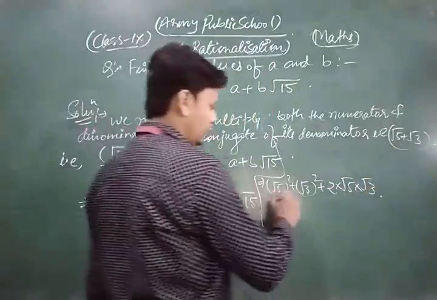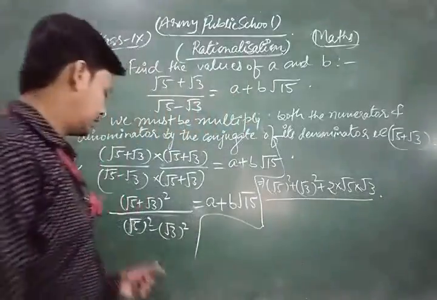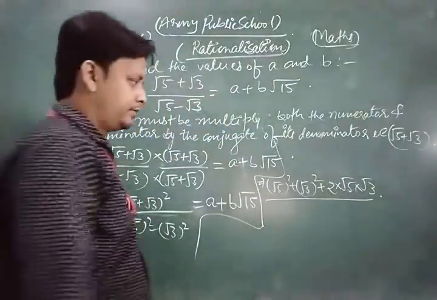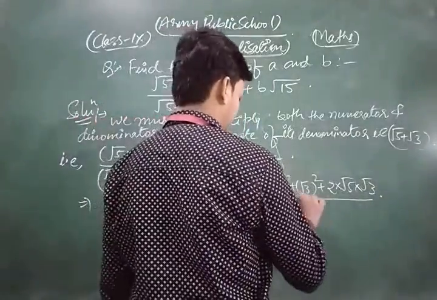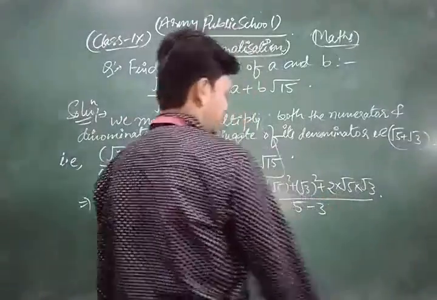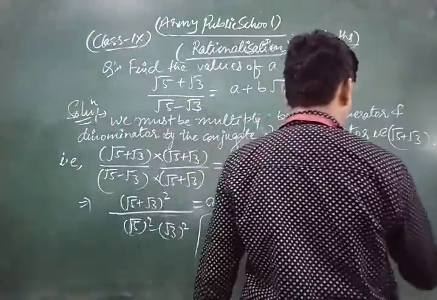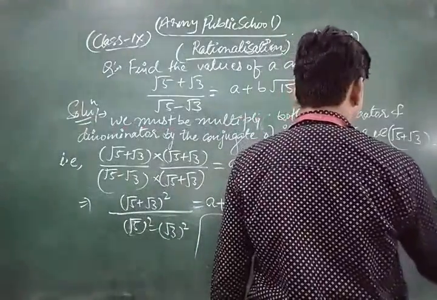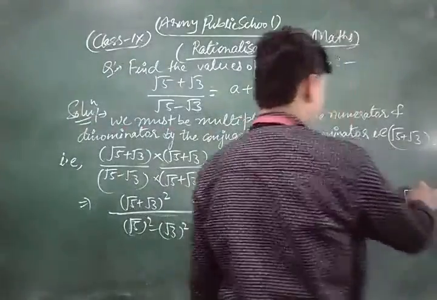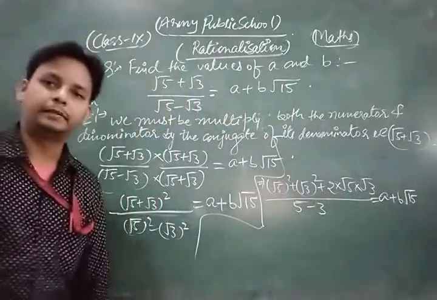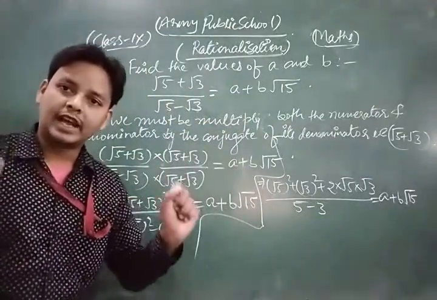In the denominator, root 5 square is 5 minus root 3 square, that is 3. And the right hand side, a plus b under root 15, we write as it is.